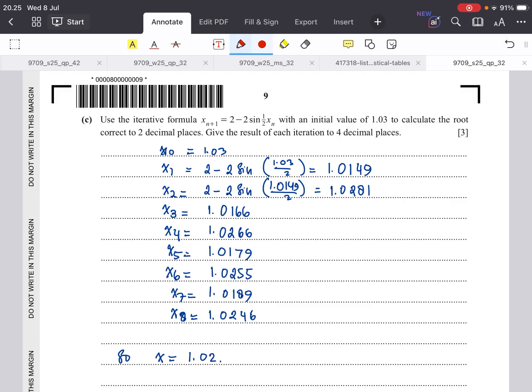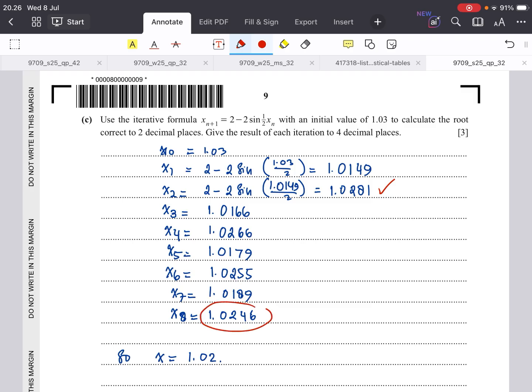1.0149. And then for x2, we change the value of x here with 1.0149. Then we get the value of x2 is 1.0281. We repeat this process several times until the value remains the same, correct to 2 decimal places.